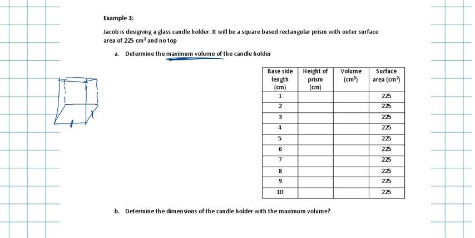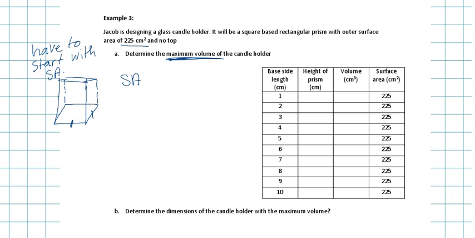Let's look at my surface area, because what's given to me is a surface area. So I have to start with a surface area. What's the formula for the surface area of this type of rectangular prism?